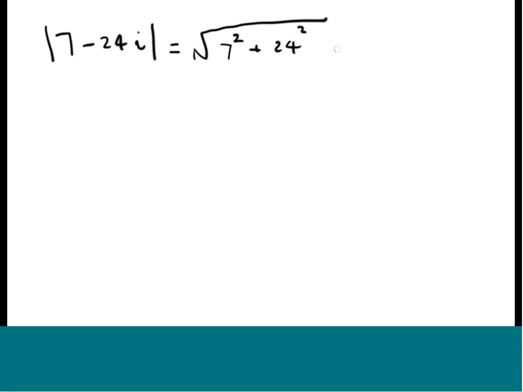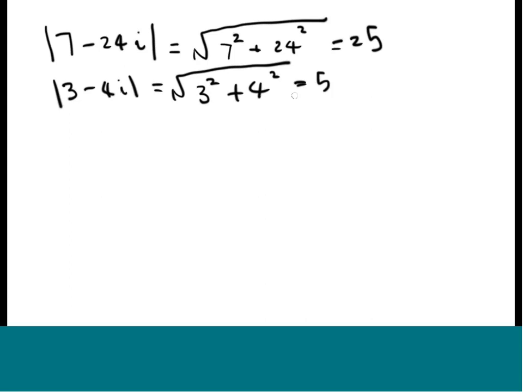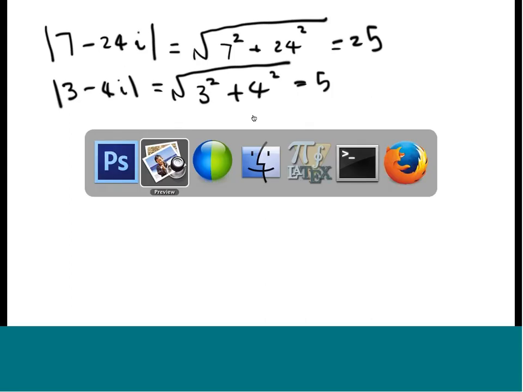So x is 7 minus 24i. You can just calculate the modulus. By the definition, it's the square root of... this is a 7, 24, 25 right triangle. So whatever the sign, minus or plus, doesn't matter, it equals the square root of 3 squared plus 4 squared, which is 5. So whatever it is, the answer should be 5.